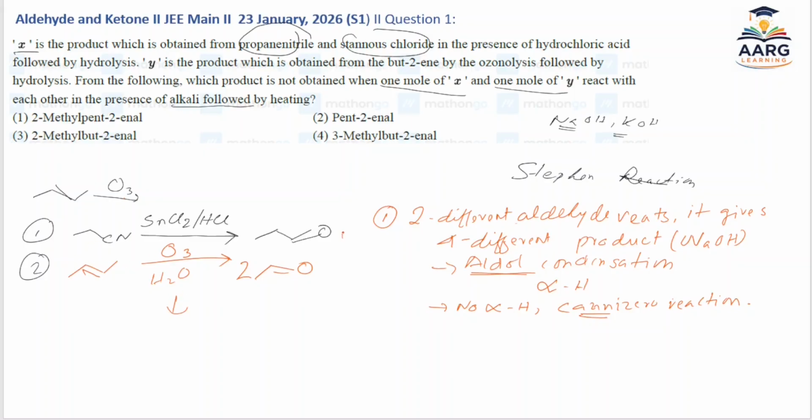These 2 will react to give 4 products. 2 are self condensation, and 2 are cross coupling.